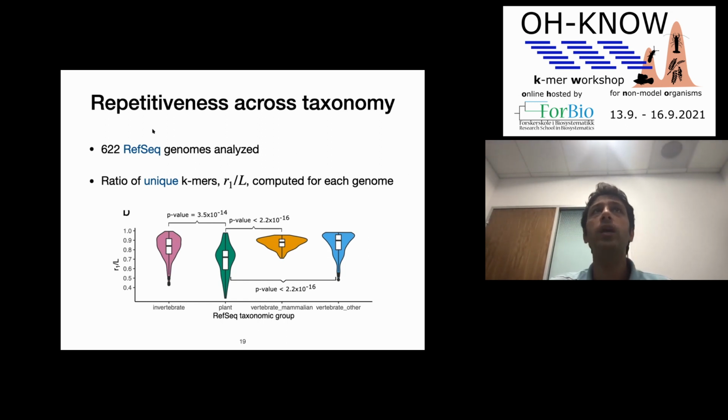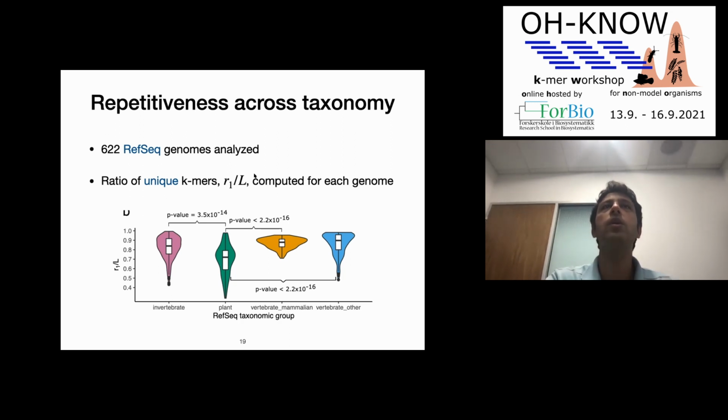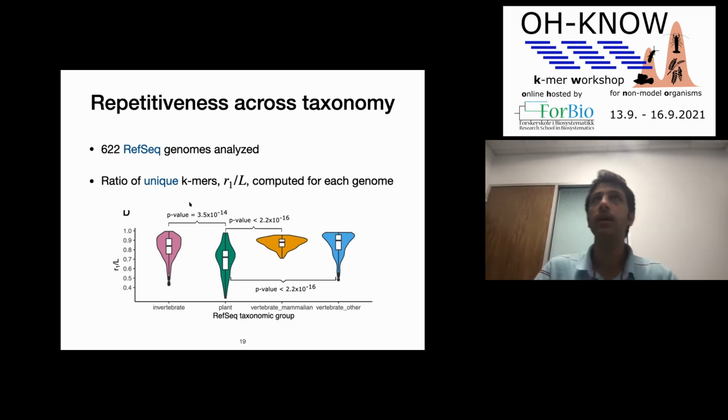So we took 622 assemblies from RefSeq. Some were invertebrates, some were plants, some were mammalian, and some were other vertebrates. We computed these repeat spectra, and we are just looking at what portion of the genome is seen only once. So R1 divided by L.